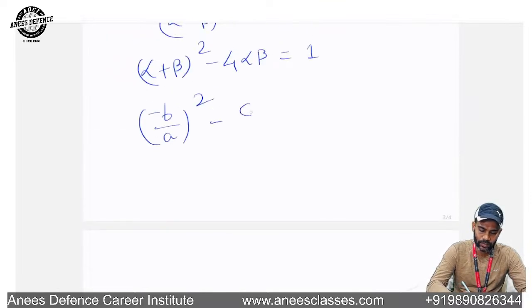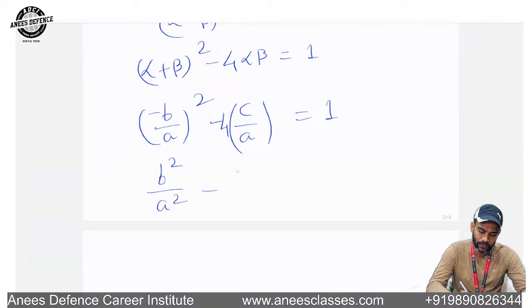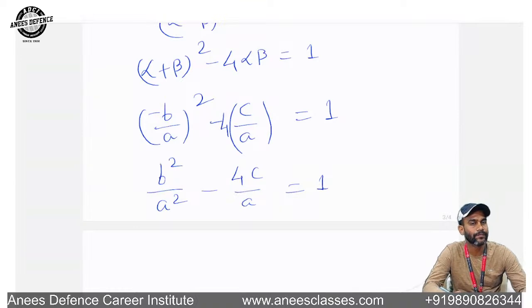And that is 4 times. So minus b by a whole square minus 4 times c by a is equal to 1. Now, this becomes b square over a square minus 4c over a is equal to 1.